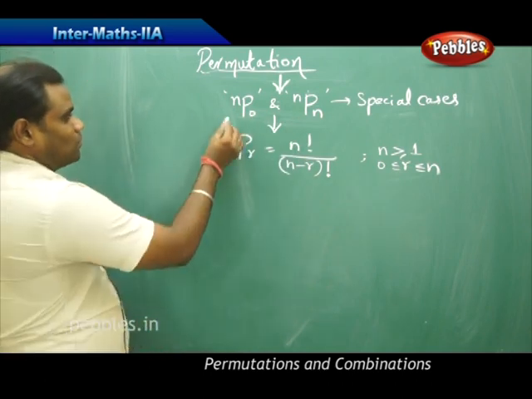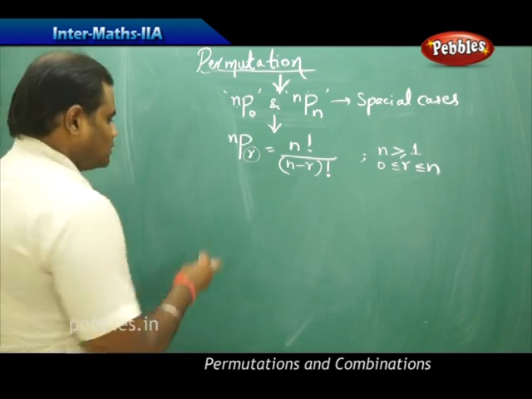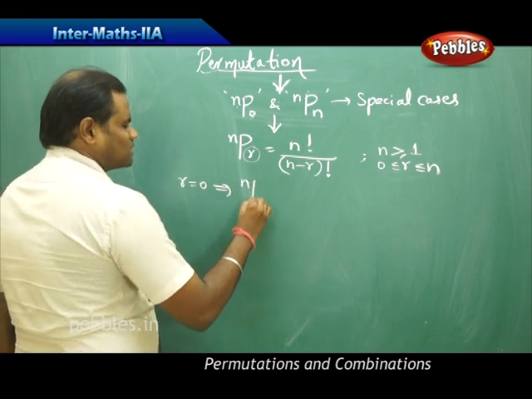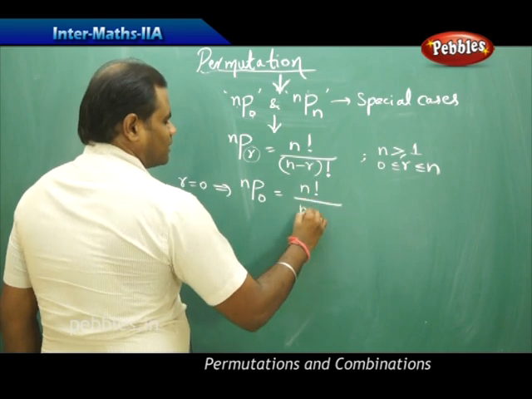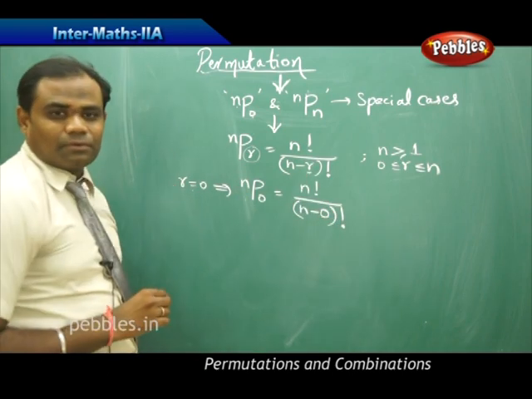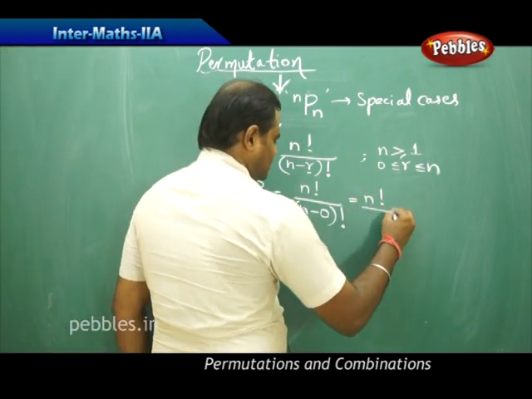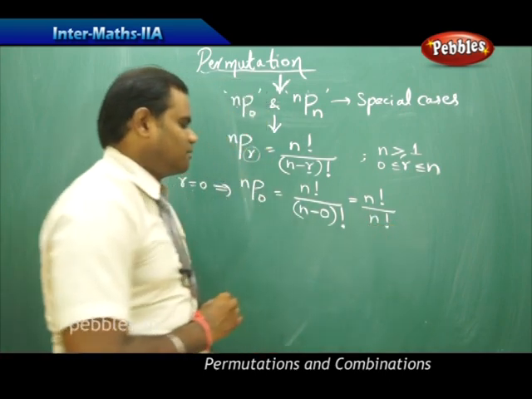Now, in order to find nP0, clearly I take r equal to 0. So r equal to 0 implies my nPr reduces to nP0, which is n factorial by n minus 0 factorial, because r is 0. On simplification this gives n factorial by n factorial, because n minus 0 is n.